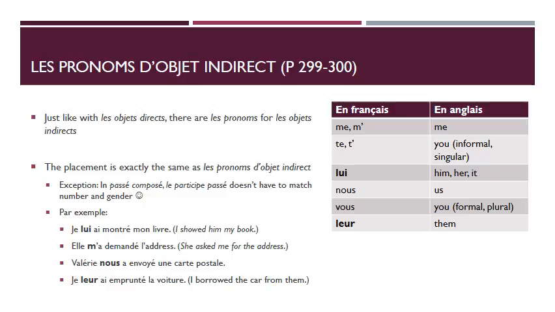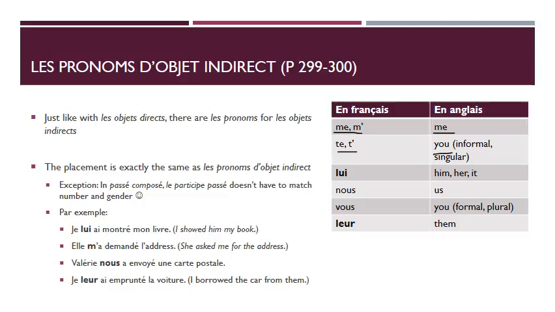So in English, you'd say me, so come to me, or something like that. Things I say to my cat. It would be me, or if there's a vowel, the m' with the apostrophe, so still me. You in formal singular is te.